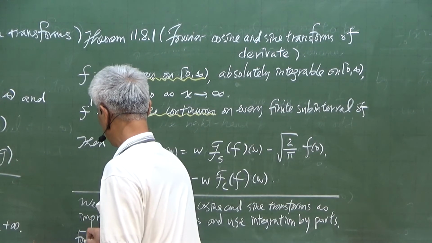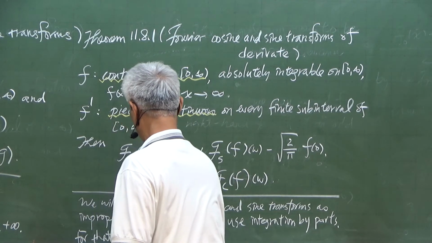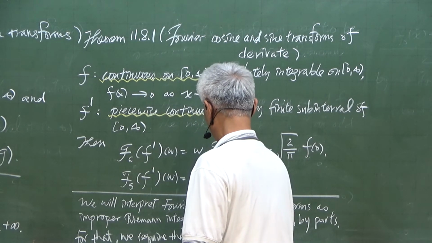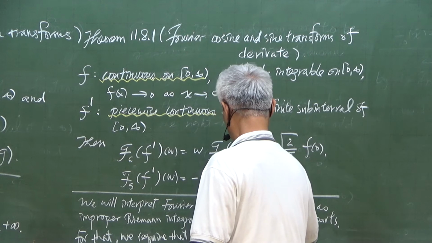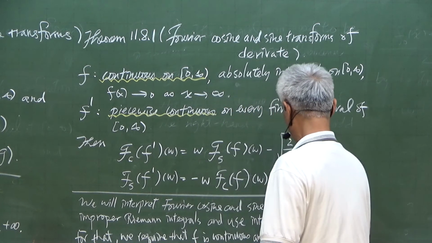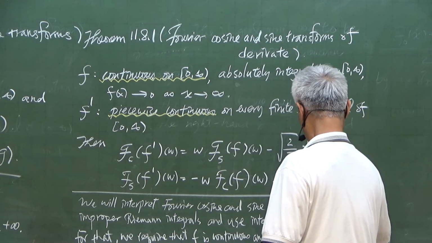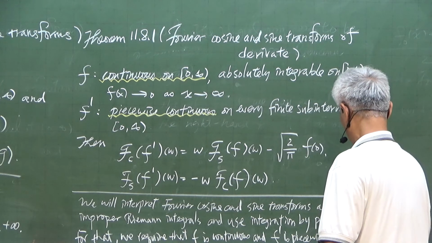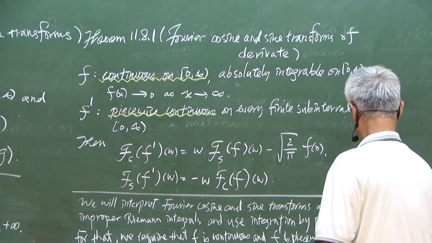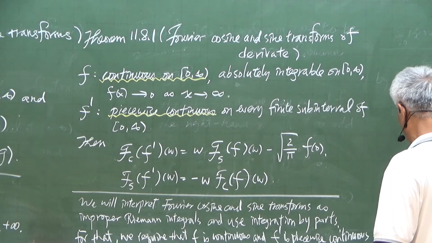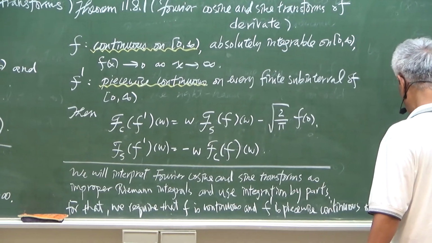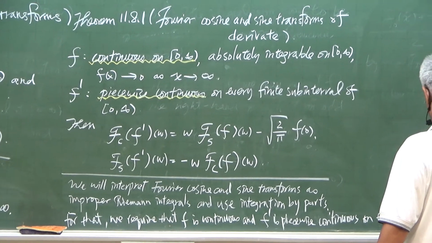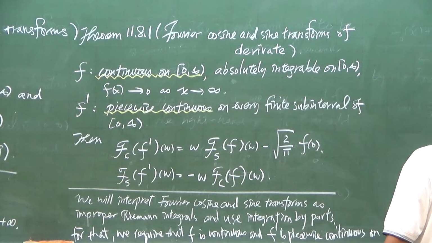For that, we require that f is continuous and f prime is piecewise continuous on every finite subinterval of 0 to infinity.